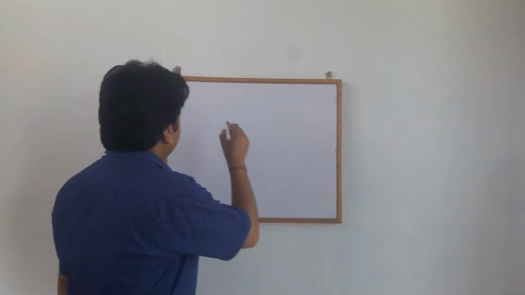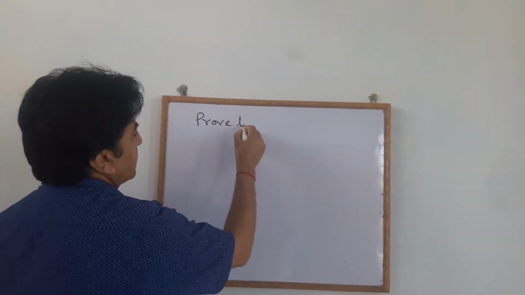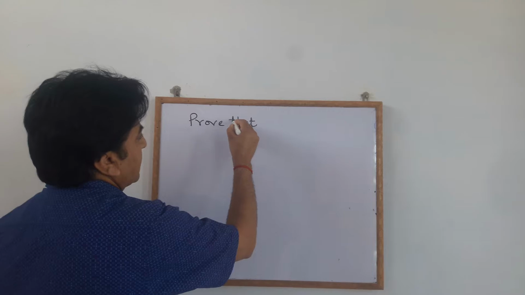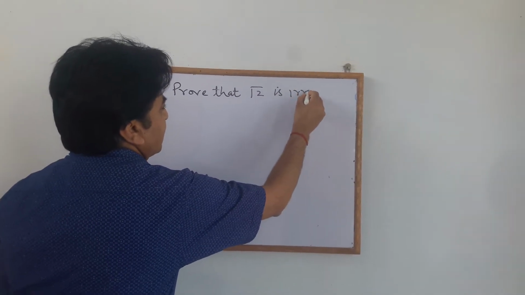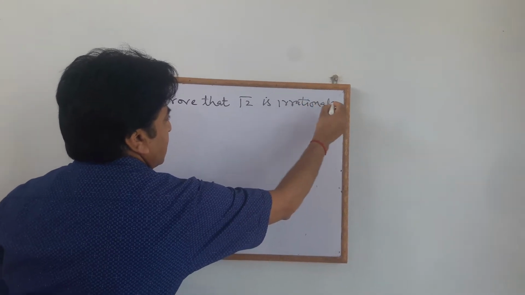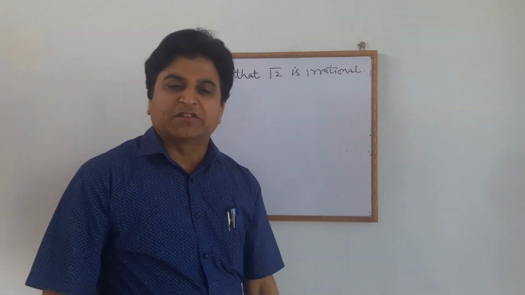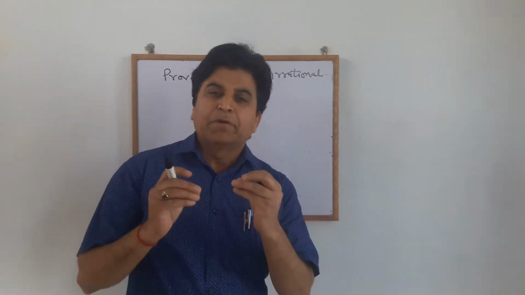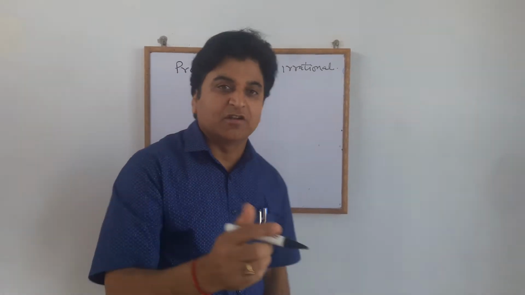Let's take the example of root 2 first. Prove that root 2 is irrational. We will follow the contradiction method for this. Means we will suppose that root 2 is not irrational, it is rational.